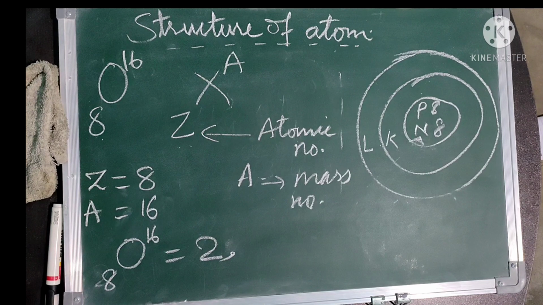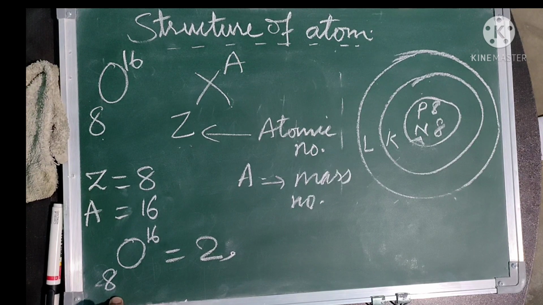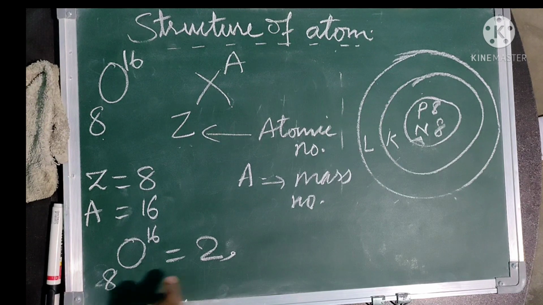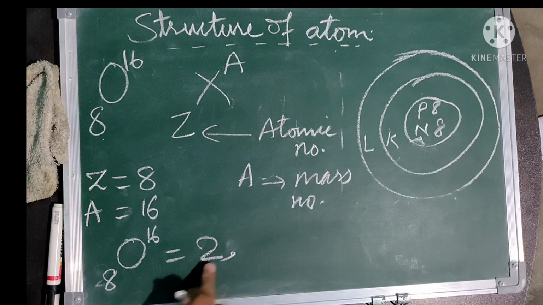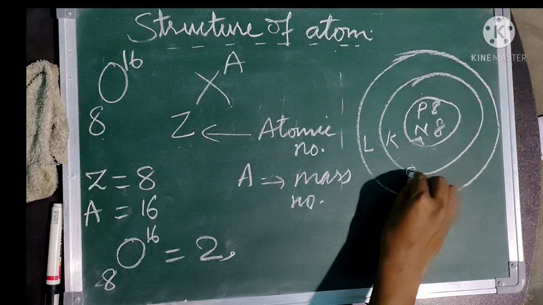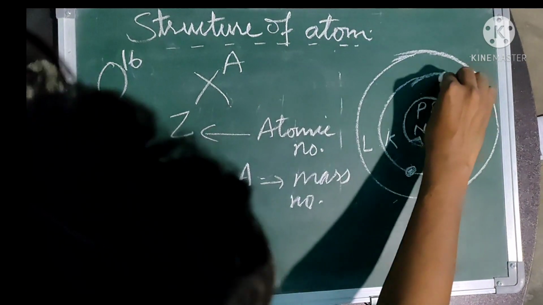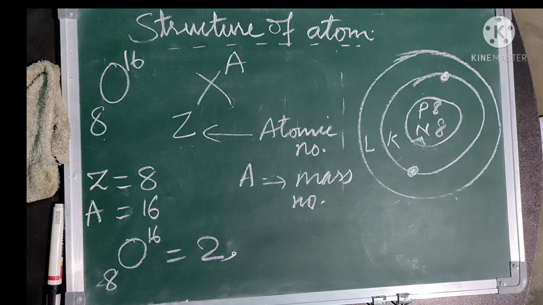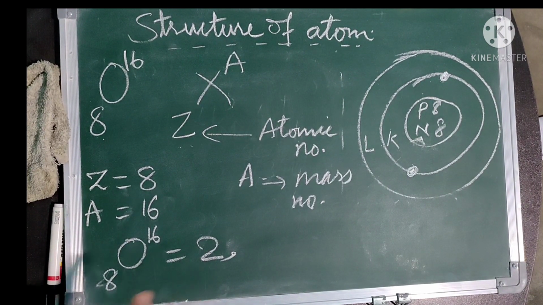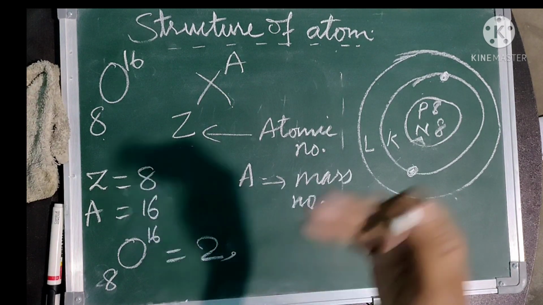So listen here. Oxygen has 8 electrons in its atom. 2 electrons we have already accommodated in the first shell. So how many electrons are remained? 8 minus 2, that is 6 electrons are remained, which have to be accommodated in the higher shell.